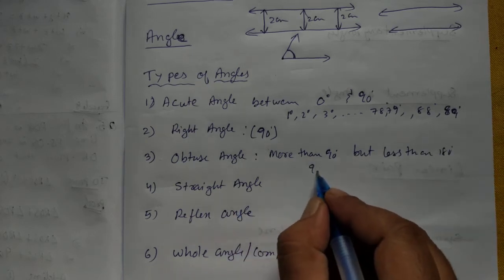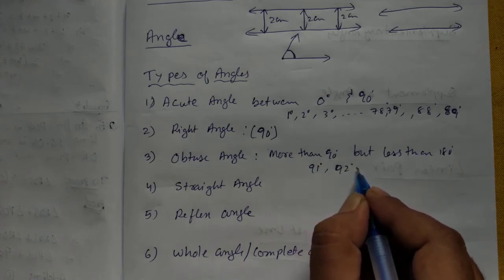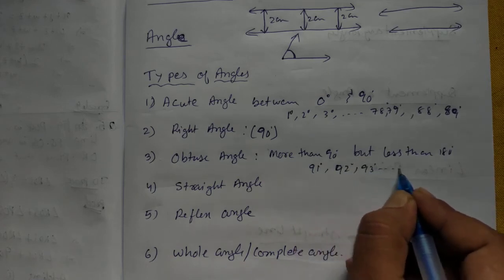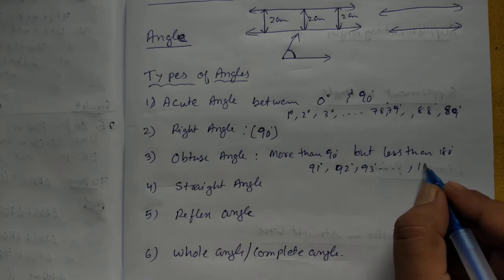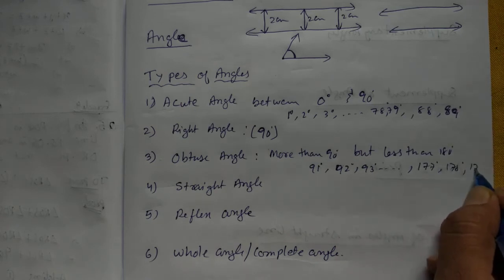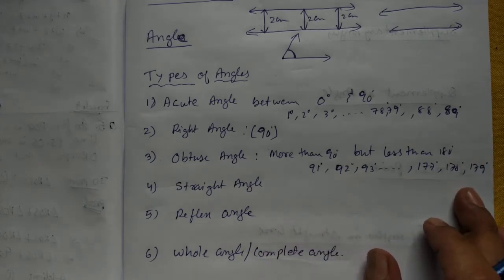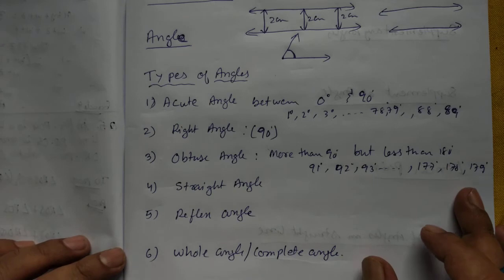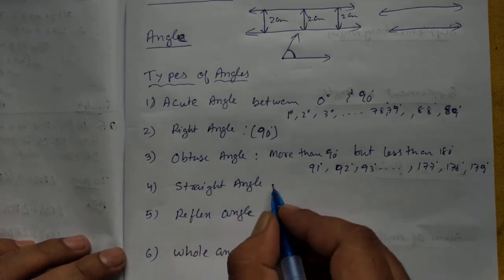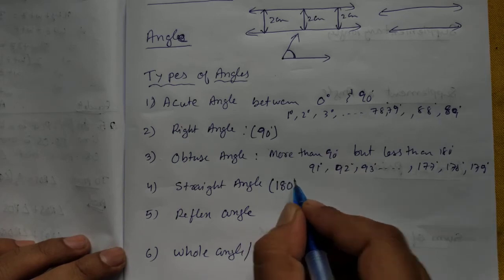For example, it can be 91 degree, 92 degree, 93 degree, goes on till 177 degree, 178 degree, 179 degree. Those angles are obtuse angles. Let's come to straight angle. Straight angle, the measurement is exactly 180 degree.